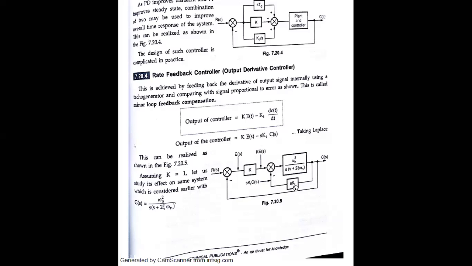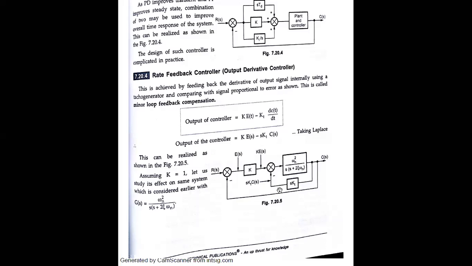This is s into Kt, this is the feedback loop. Whatever output we have at this point is taken through s multiplied by Kt and applied to another summing point.